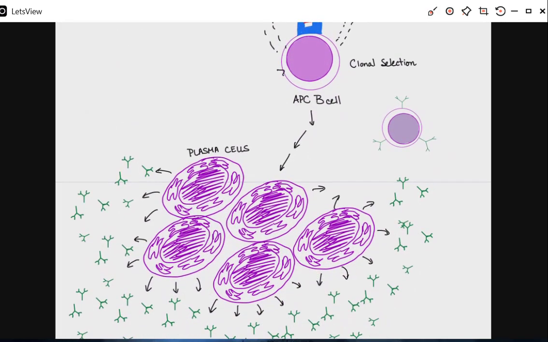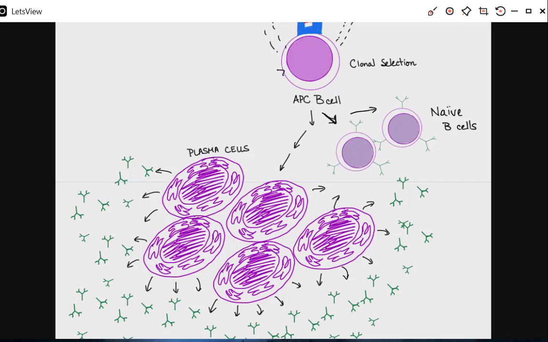But some of the daughter cells do not differentiate into plasma cells, but instead return to their original naive state. In doing so, they regain their naive state.